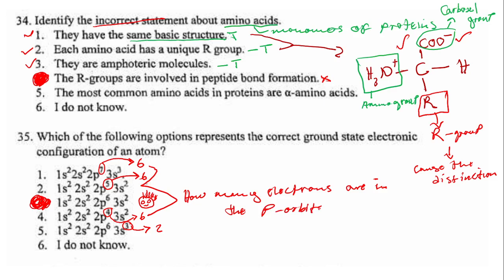Since we have 3 p orbitals and each has a maximum of 2, if you say 2, 1, 2, 3, and then this is px, this is py, and this is pz, then in that case I'll pick this one alone.